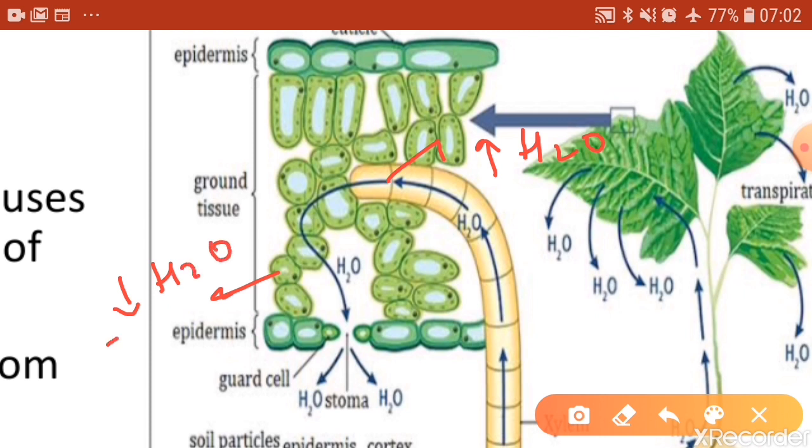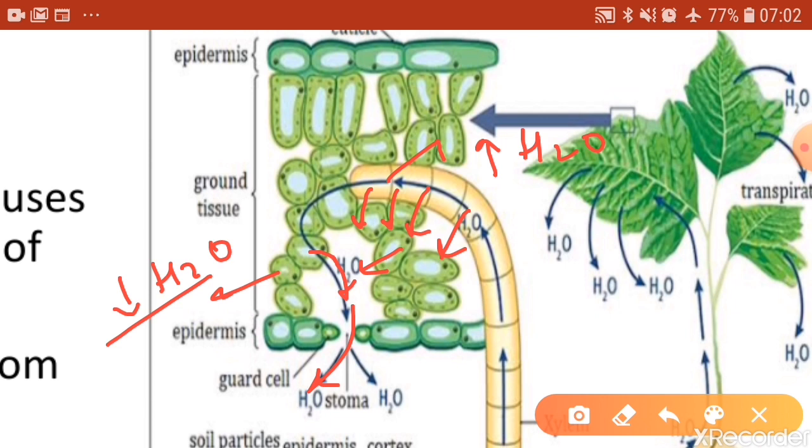And why less water in the leaf cells? Because water from the leaf cell has been lost to the exterior. So due to this difference in water, water is withdrawn from the xylem vessels of the leaves into the mesophyll cells and then to the intercellular spaces.